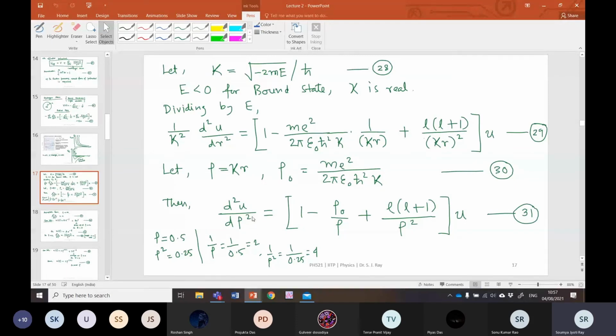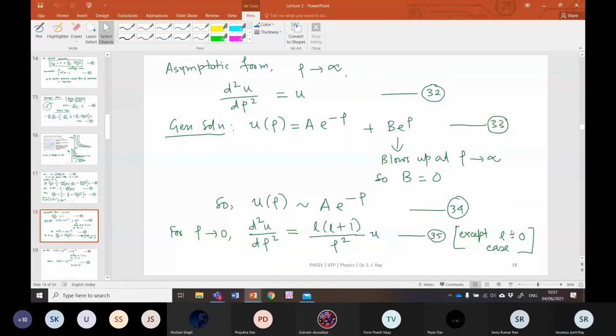Now what we are trying to find out is what sort of solutions are physically possible in this system and which are not. So we are looking at the physical description of the system in different limits. First we considered infinite distance, that is rho goes to infinity, and there we saw that the e to the power rho term cannot be present.